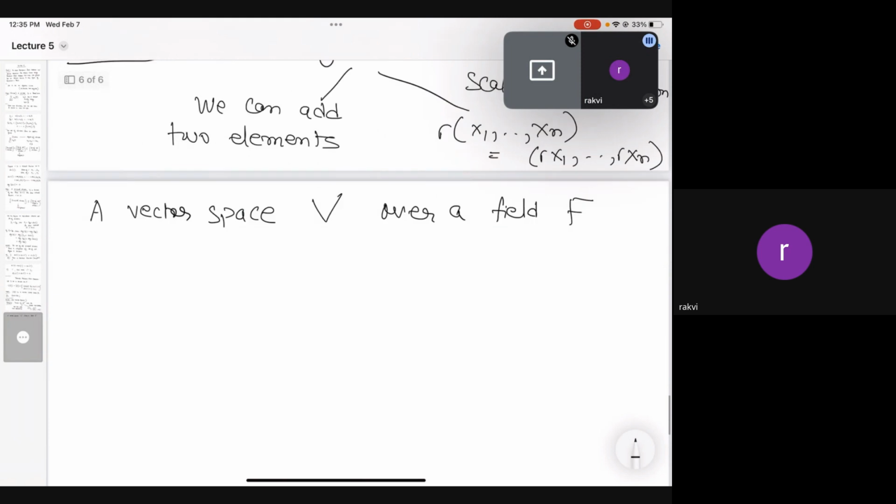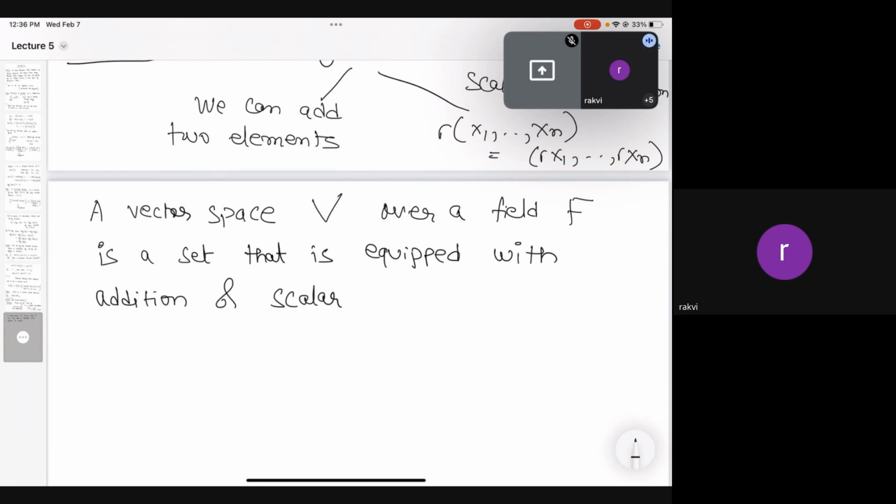A vector space over a field F is a set that is equipped with two operations: one is addition and the other is scalar multiplication. Let me use a notation for addition: plus, just to symbolize that we have an operation like addition. And for scalar multiplication, I'll just use a dot.